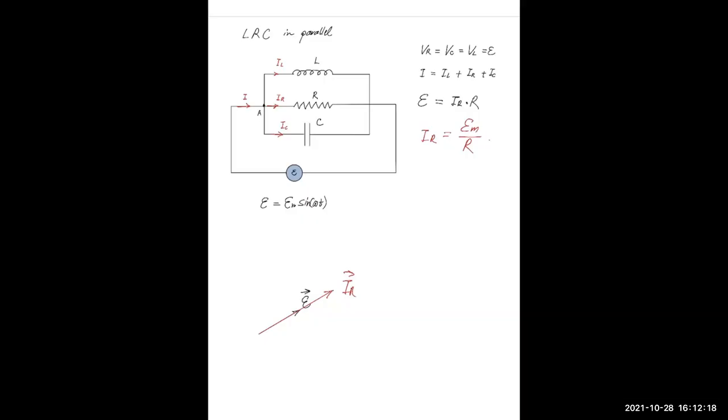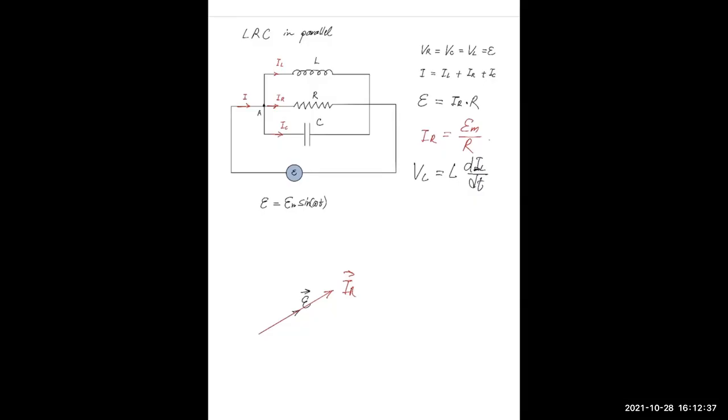It's all the same. For example, I still have VL equals L times dIL/dt. And if IL is a sine function, then VL will be a cosine function, meaning that VL always leads IL by 90 degrees, the same result that we saw before.